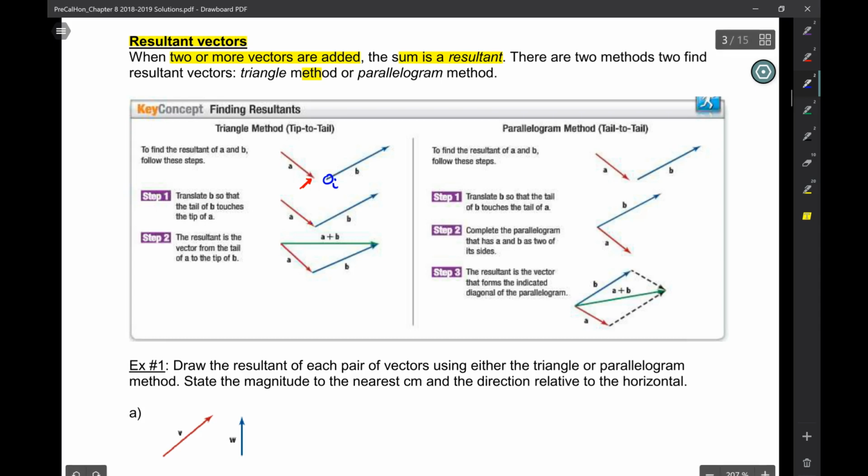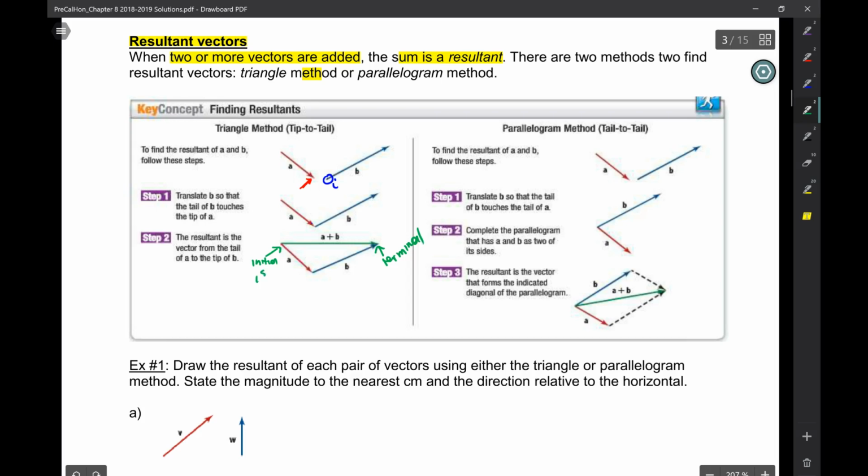This vector ends here, and the other one picks up. Now you drew the two vectors, terminal to initial. Then you want to connect the very beginning, the initial point of the first one, with the very end, the terminal of the second one.